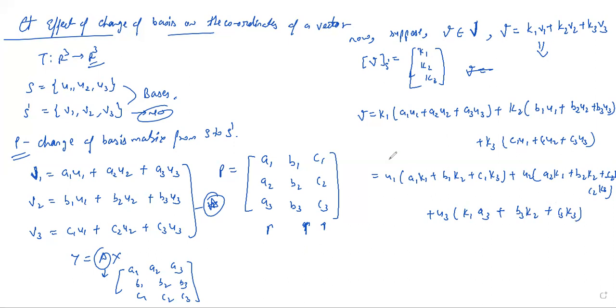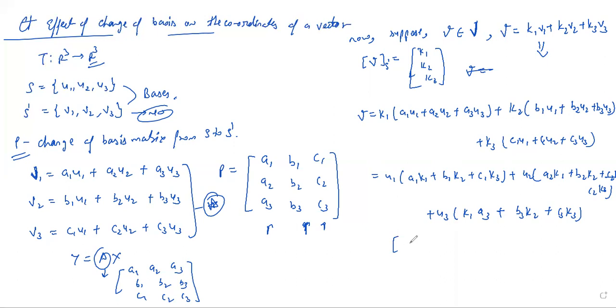Now I have written this vector V as a linear combination of the S basis, which is the U1, U2, U3 vectors. And the same vector V was earlier a linear combination of the V1, V2, V3 vectors, which are the basis S dash.